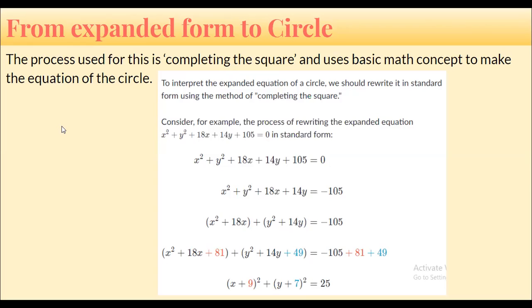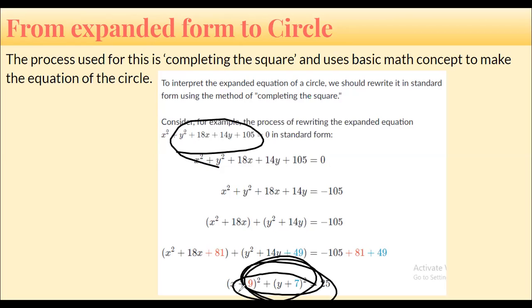You may say, that doesn't really look like an equation of a circle, okay? But you need to use your big brain to turn this into your desired form. How would you do it? Well, all the steps are right here.